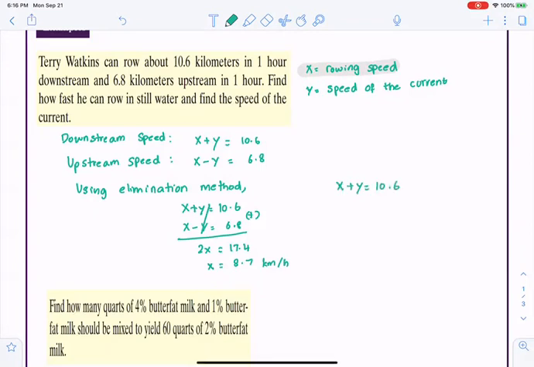So if we plug in x is equal to 8.7 kilometers per hour, we have 8.7 plus y equals 10.6. y would be equal to 10.6 minus 8.7, which would give us 1.9.